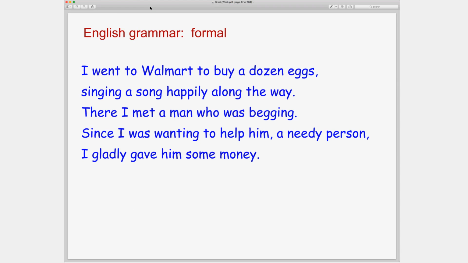Okay, so the first thing is we have in English grammar a formal way of writing things. And I want to emphasize that when we're speaking or writing in English, there is a formal way, or a style, a proper way of expressing things. I cannot emphasize enough that English is not the standard by which all other languages are judged or measured.